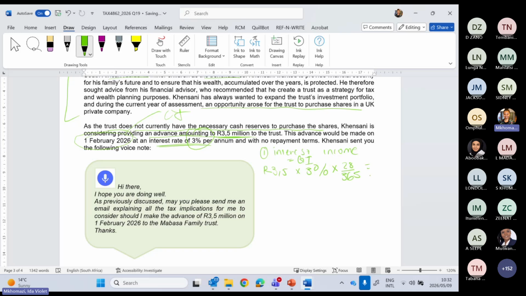This is the amount of interest income that Kensani would include in his gross income. And remember that interest accrues on a daily basis, so you need to use days when you are calculating interest. So you get your 2 easy marks there for the discussion and for the amount.